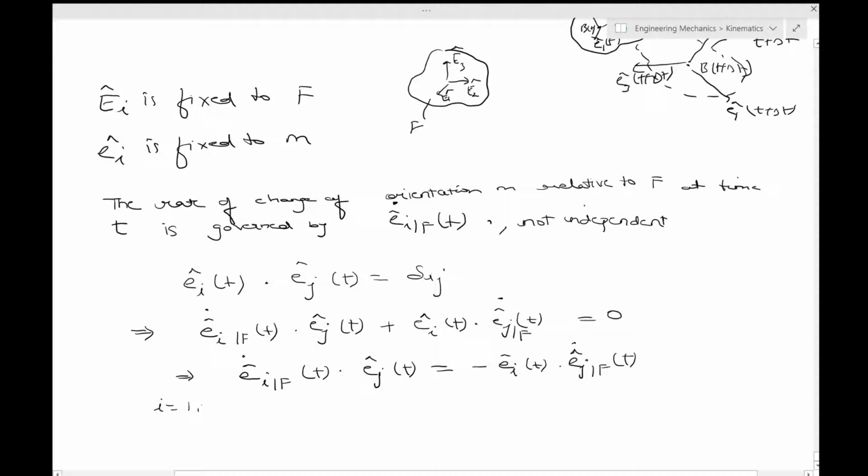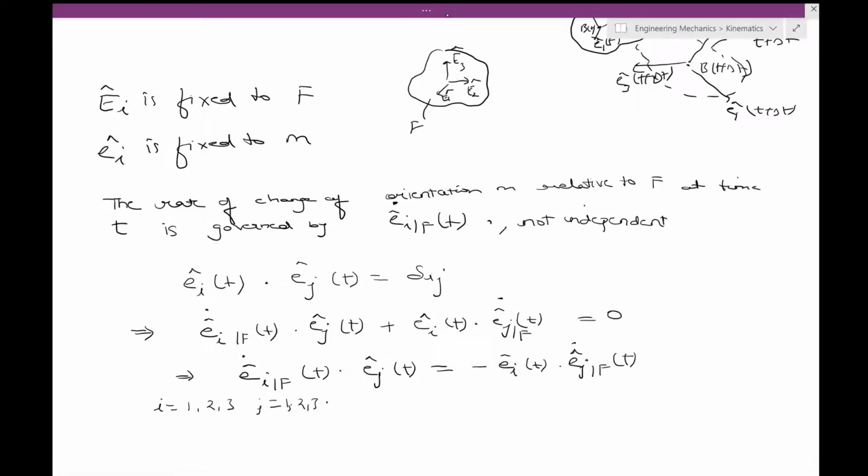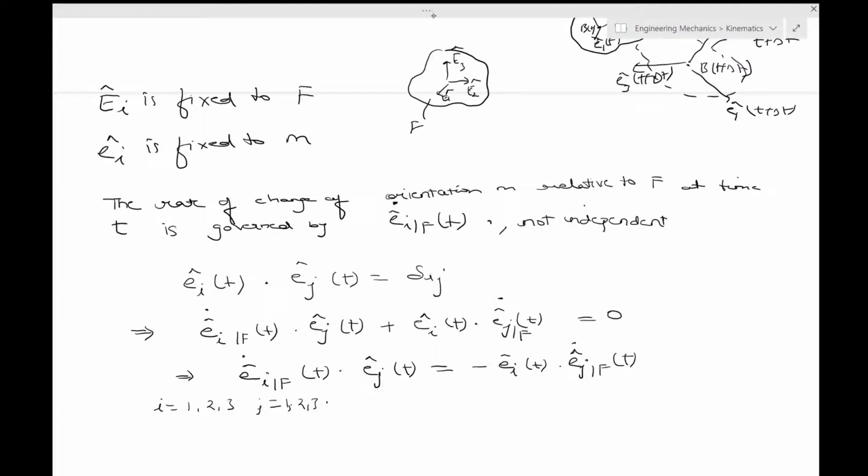See, i can go from 1 to 3, j can go from 1 to 3, but you should verify that these are 6 relations in all.